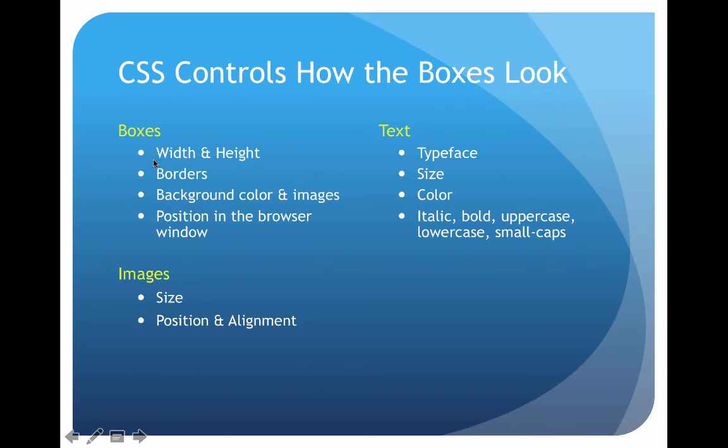Box controls things like the width and height, borders that might get applied, background color and images, the position in the browser window. We can use div tags to create IDs that control a box that wraps around the entire website that we can then center in our page.